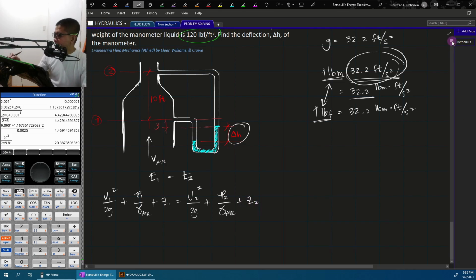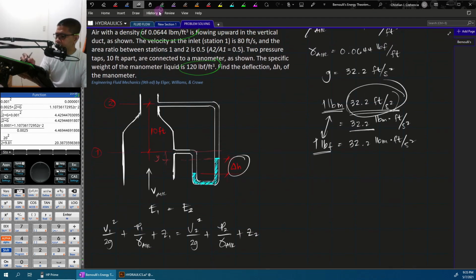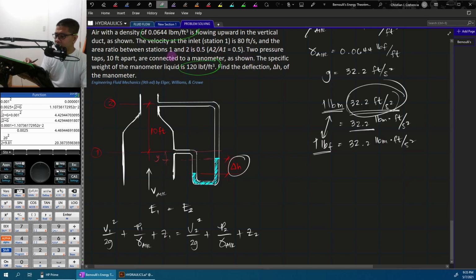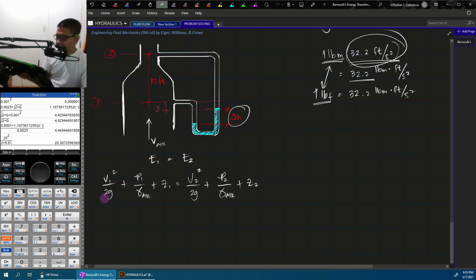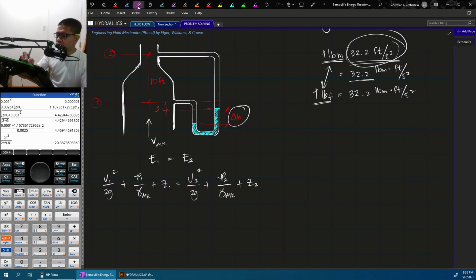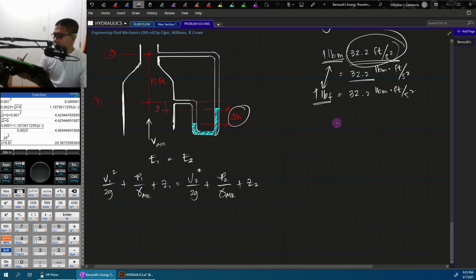Okay. So, the problem says the area ratio between stations 1 and 2 is 0.5, or area 2 over area 1 is 0.5. We need the velocity at point 1 and the velocity at point 2, so let's solve that first. By the continuity equation, since the air has nowhere else to go, Q at point 1 is equal to Q at point 2.